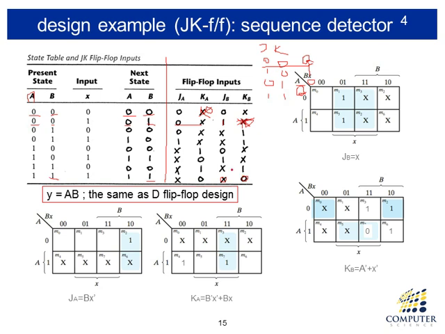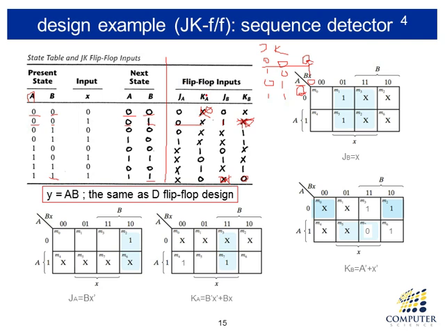Or we can have J input 1 and K input 0. That's another choice. So K input, we don't care. So using those JK flip-flop behaviors, we can complete the extension of the state table.